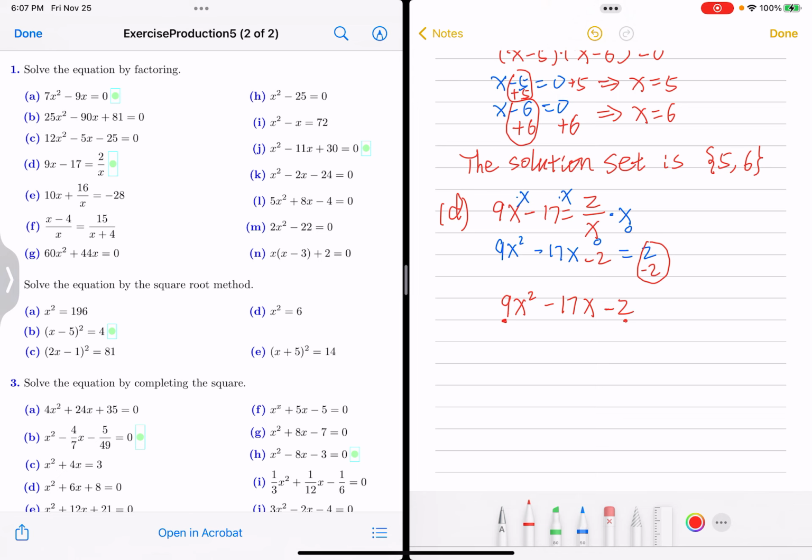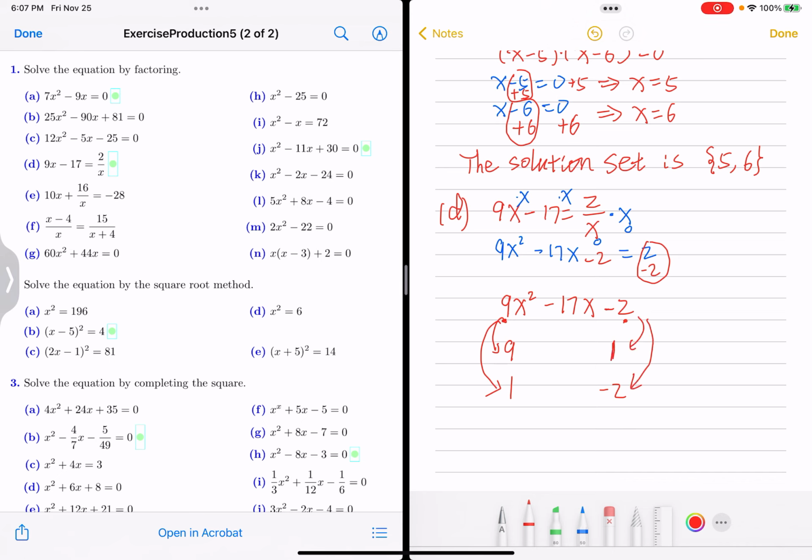Let's see here. 9, you may want to break up is 9 times 1. Okay, you break up this one into 2. And how to break up these two? Then you break up this is negative 2 times 1. You break up this one like this.